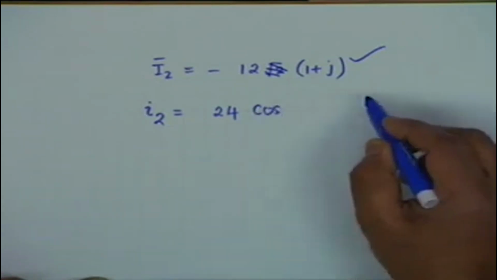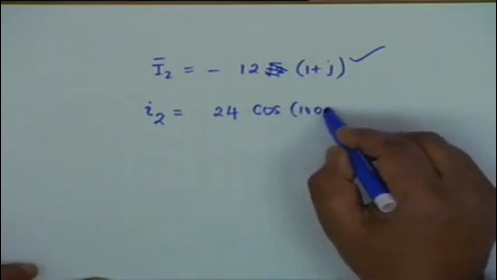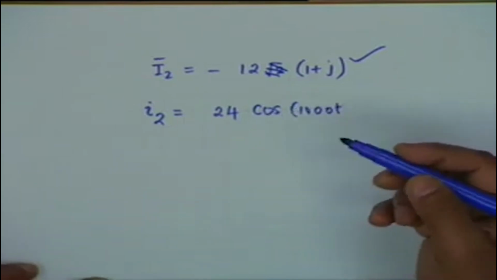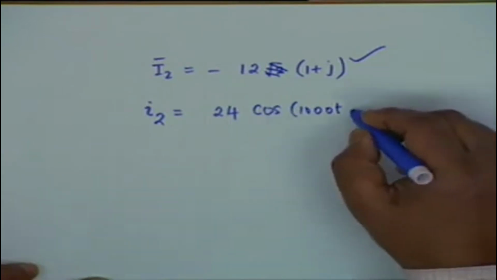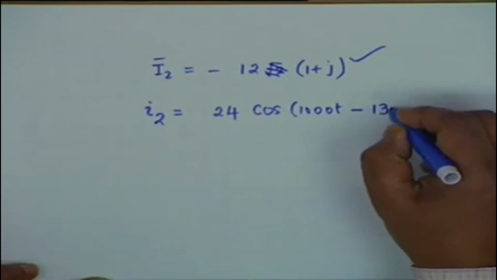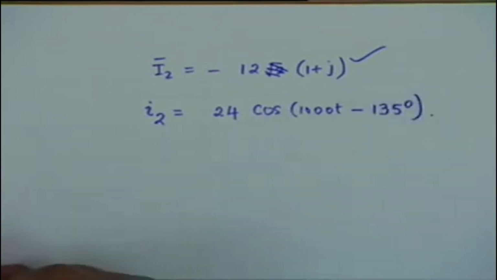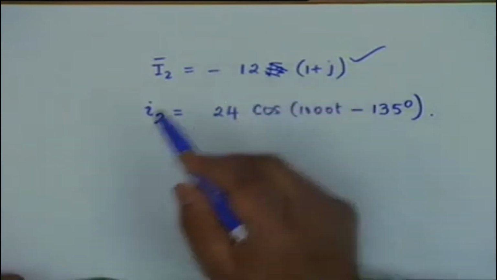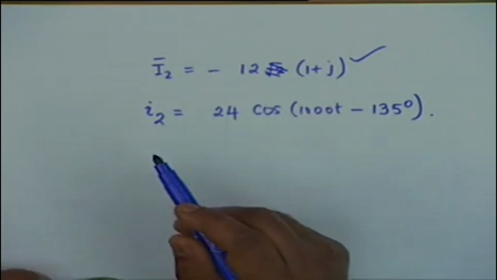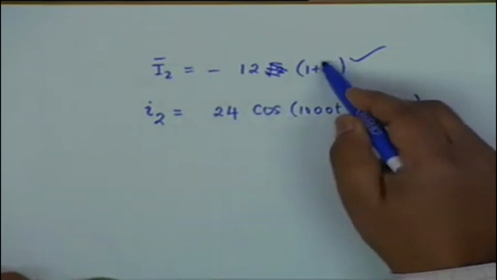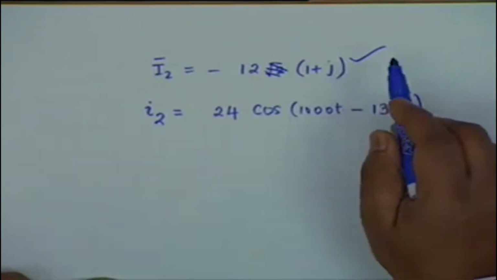Then you have cosine of 1000 t plus now the angle. It is minus 135 degrees. Let me explain why it is so. The negative sign gives rise to an angle of pi, and 1 plus J gives rise to an angle of 45.